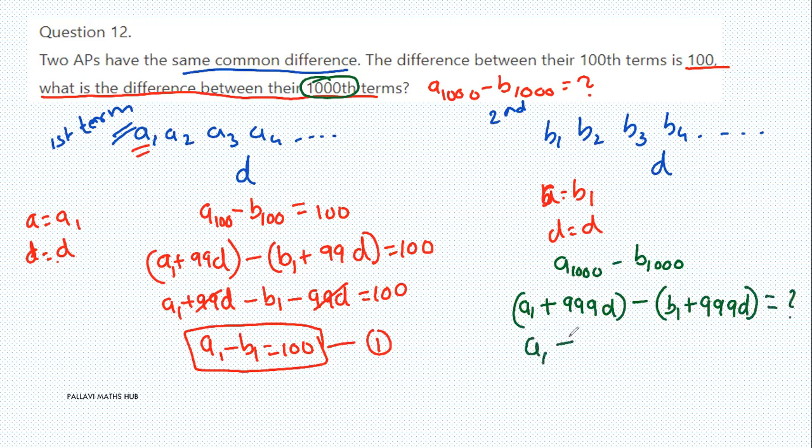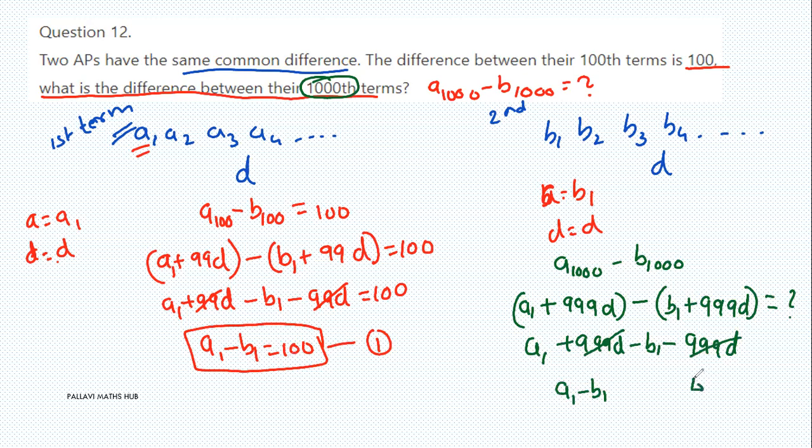So A1 plus 999D minus B1 minus 999D. Here plus minus 999 get cancelled. Remaining is A1 minus B1. Observe here A1 minus B1, here also A1 minus B1.